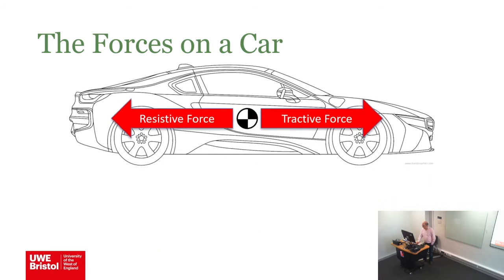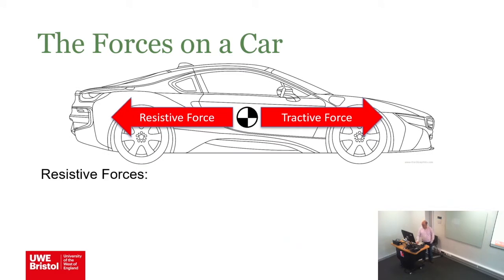But we can examine some of them in a bit more detail. If we take the resistive forces, okay, there are some different components of those resistive forces. The one you're probably all familiar with is aerodynamics. Okay, there's resistance, and we call that FA for aerodynamics, and that's going to resist the motion of the car. Clearly, if we're moving through the air, that provides a resistive force.